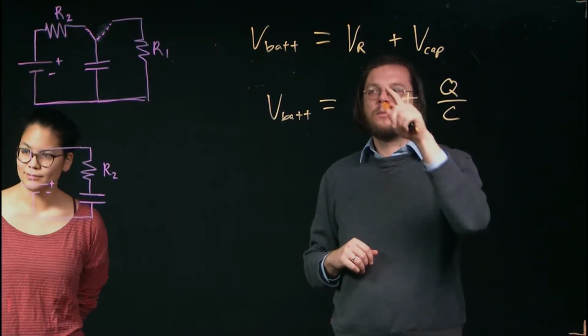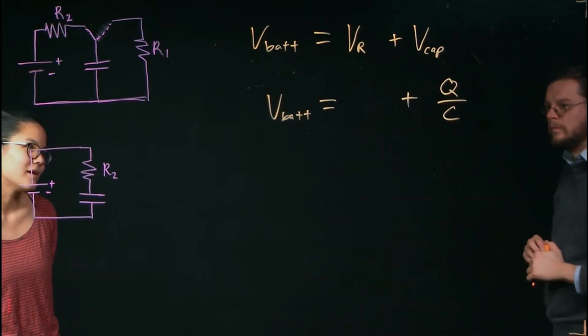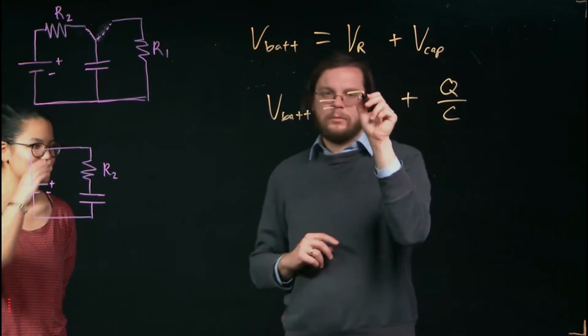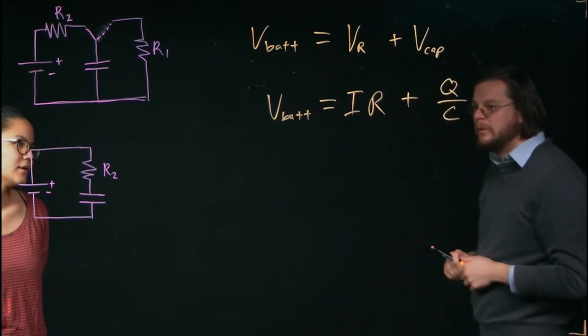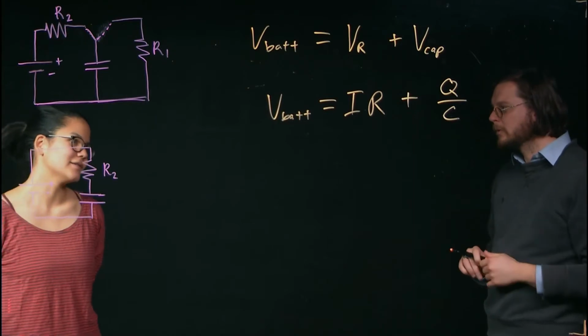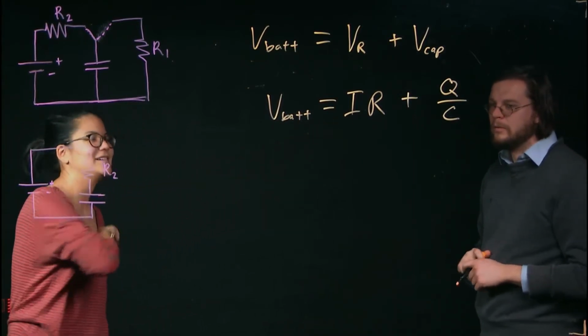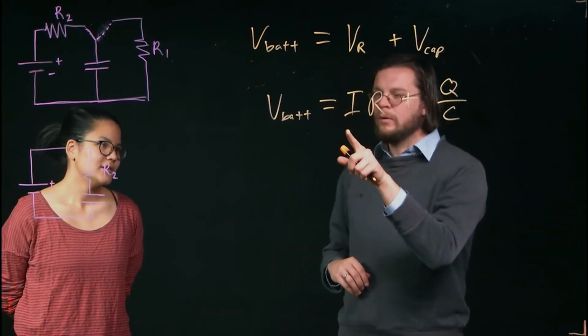And then what is the voltage drop across the resistor? That would just be our normal IR. Right, IR2. And what is it that we need to solve for our program? Do you remember the question marks? Yeah, we were trying to update this variable. Okay, so we want to solve for this.